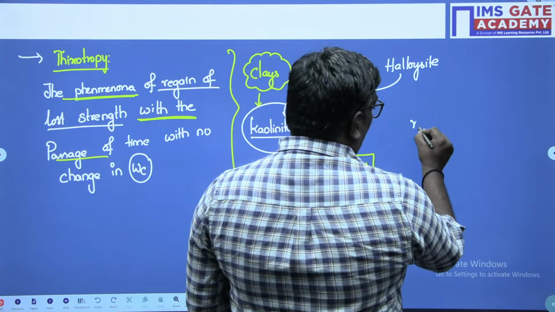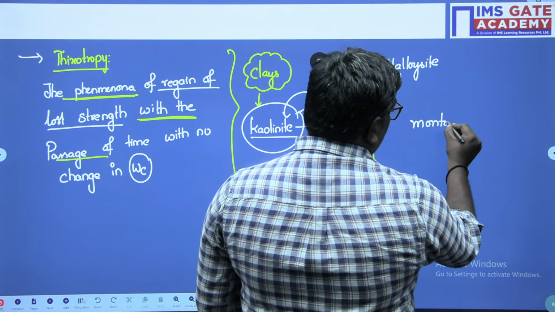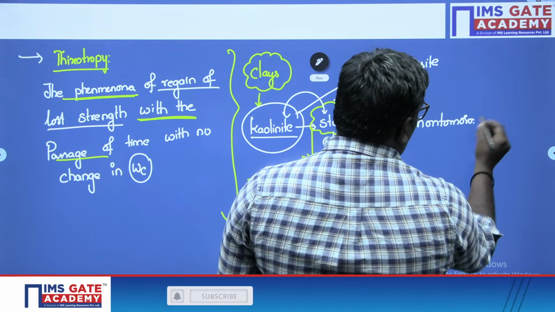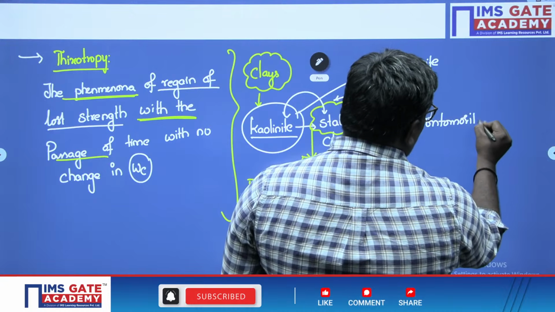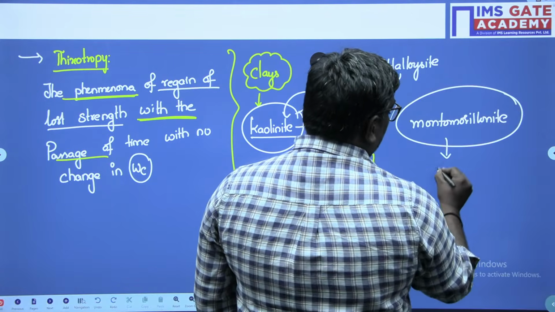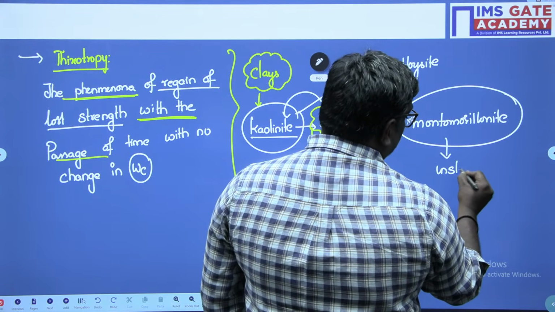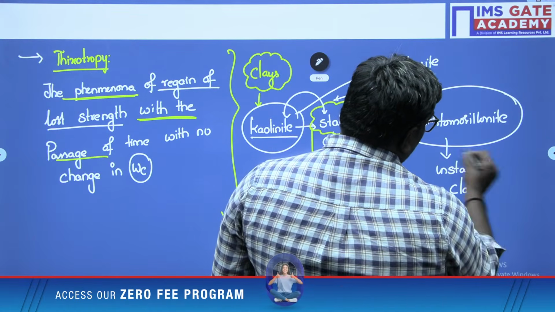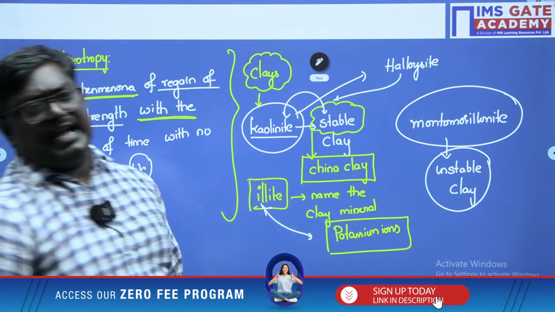But out of all these, montmorillonite is formed by water molecules and it is the most unstable clay mineral. It exhibits very high swelling and high shrinkage.